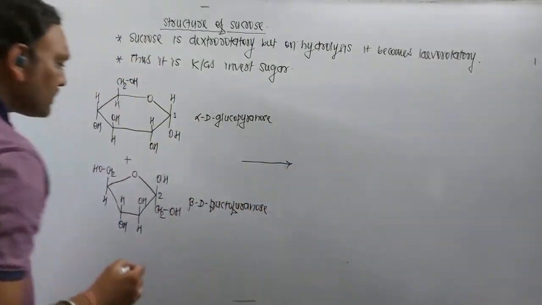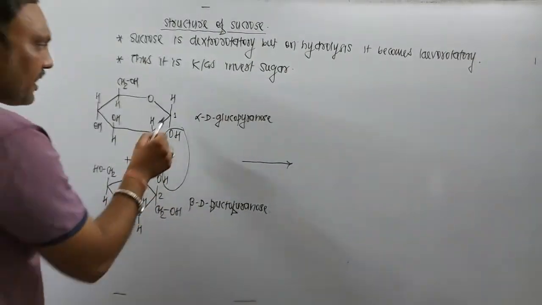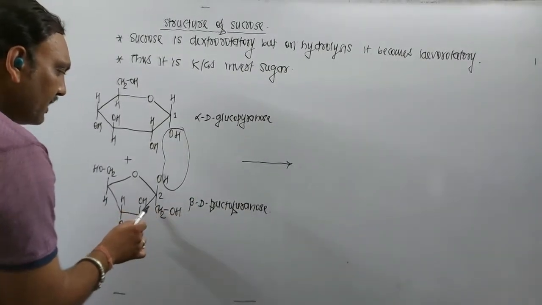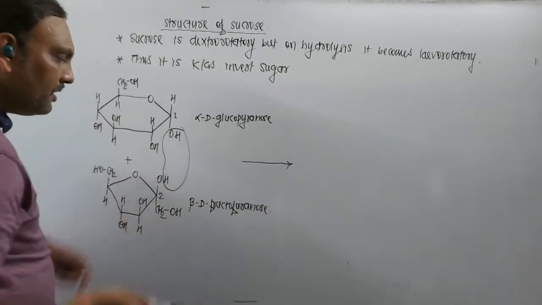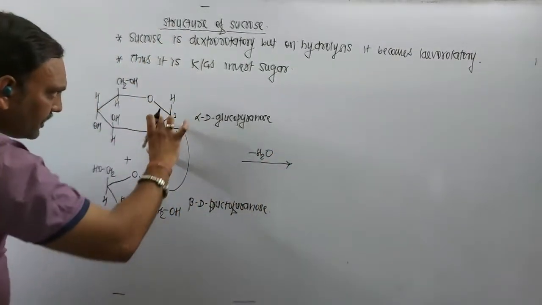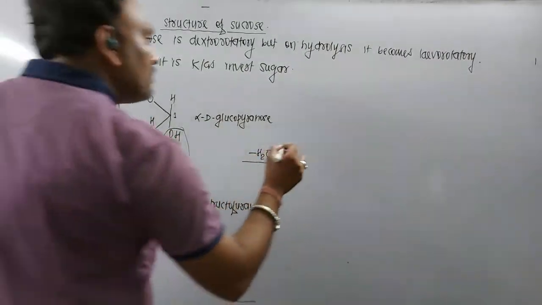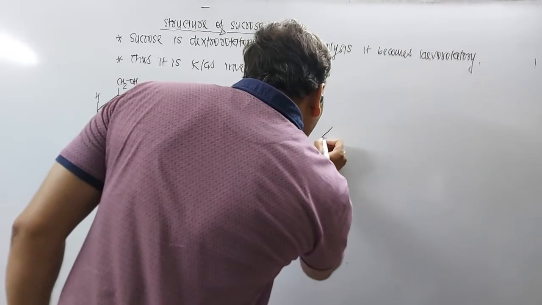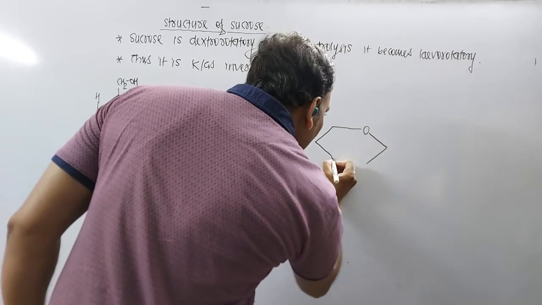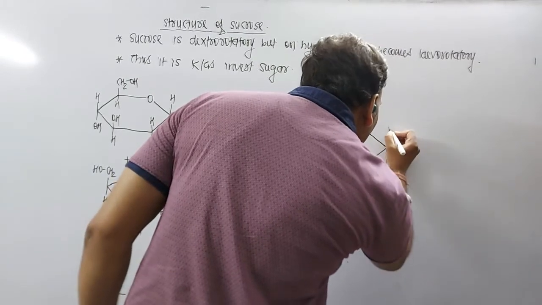Now as far as blending is concerned, these two carbons, carbon number 1 of alpha D glucopyranose and carbon number 2 of beta D fructofuranose, get linked to one another, thereby departure of water can be seen. And now these two carbons get connected by acetal linkage or glycosidic linkage in this manner. So the structure so obtained can be drawn in this manner.